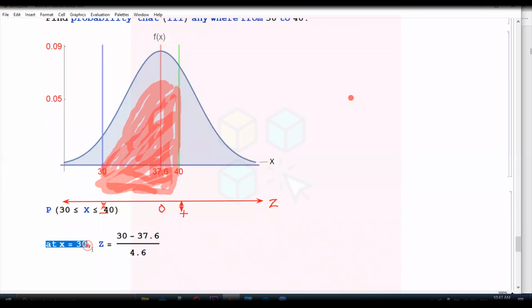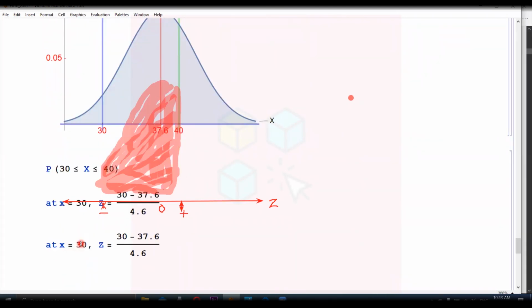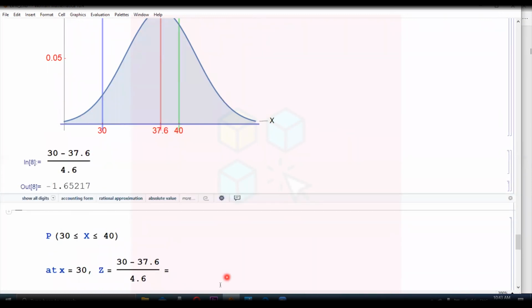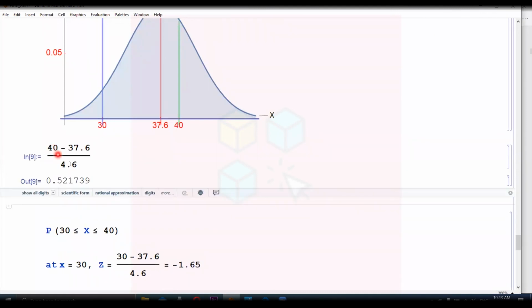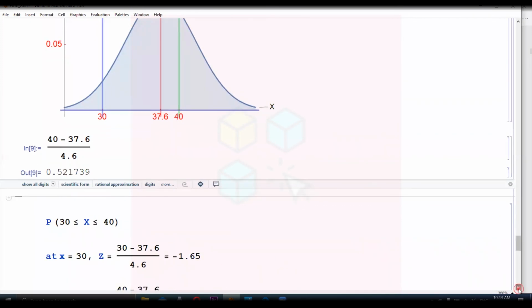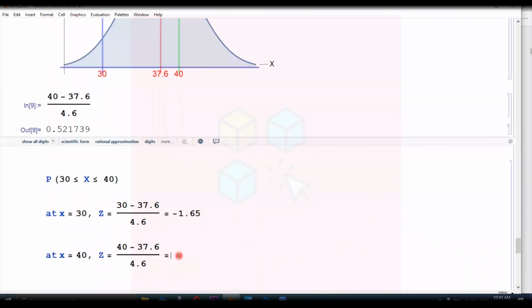And in the same way we can calculate at 40. The answer at 30 is minus 1.65. Minus 1.65. And if I replace x by 40 here, the answer is 0.52, only 0.52.